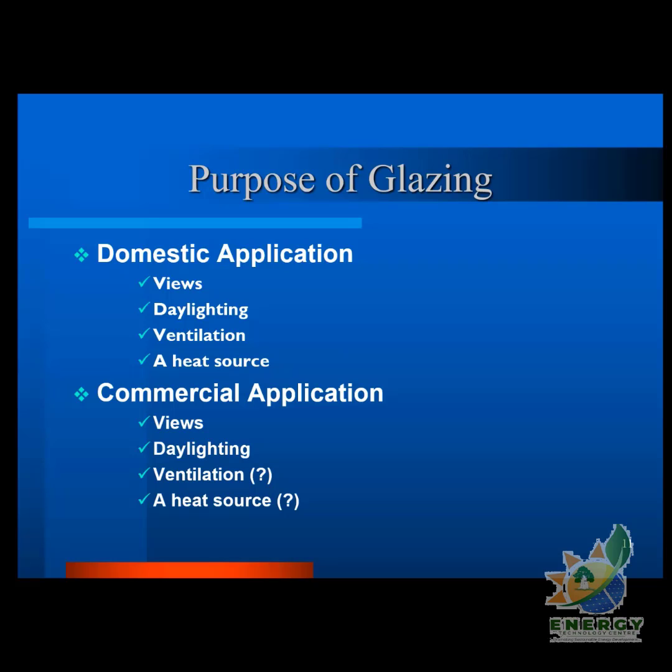If you are in a cold climate, it's possible to allow a lot of windows to let a lot of heat come in through the glazing. Now, for commercial applications, it's also similar, but in terms of ventilation, maybe not so much, because then you have mechanical ventilation systems provided, and also heat sources provided.